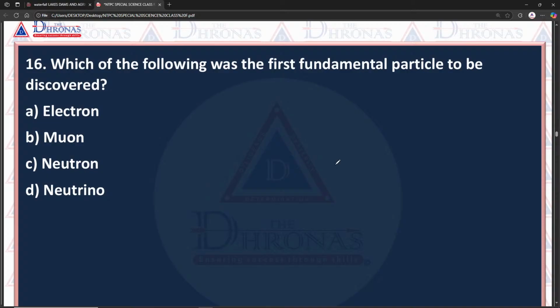Question number 16. Which of the following was the first fundamental particle to be discovered? Options are electron, muon, neutron, neutrino.